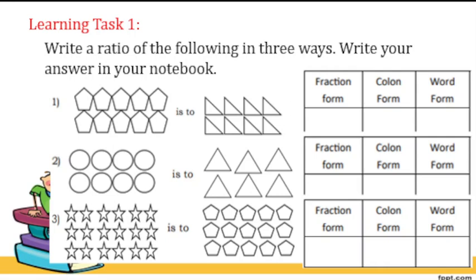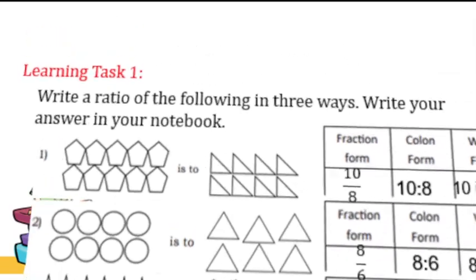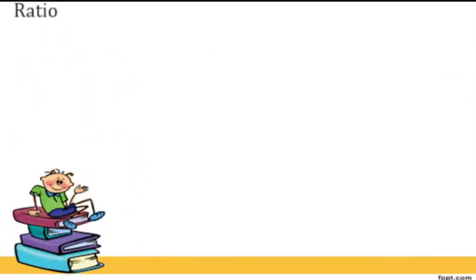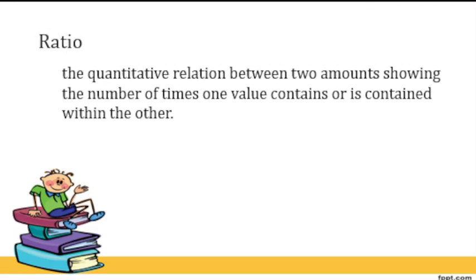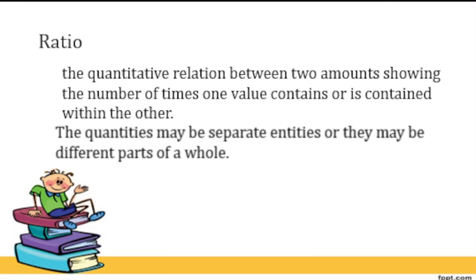So therefore, to sum up the lesson, a ratio is the quantitative relation between two amounts showing the number of times one value contains or is contained within the other.